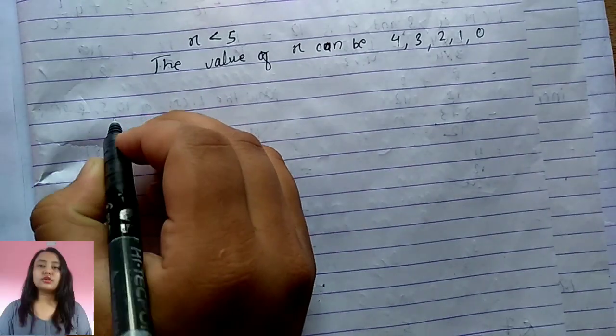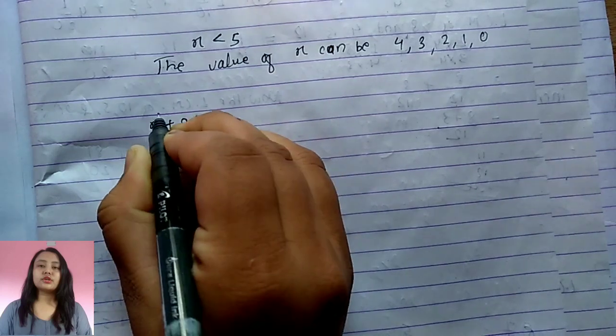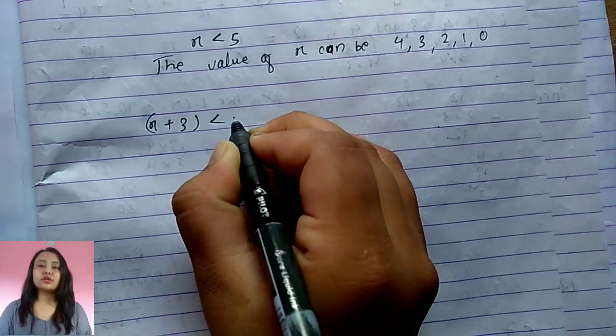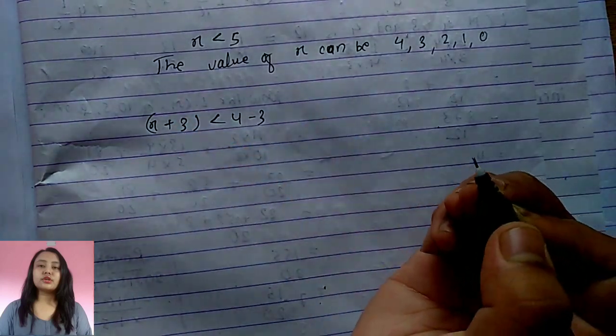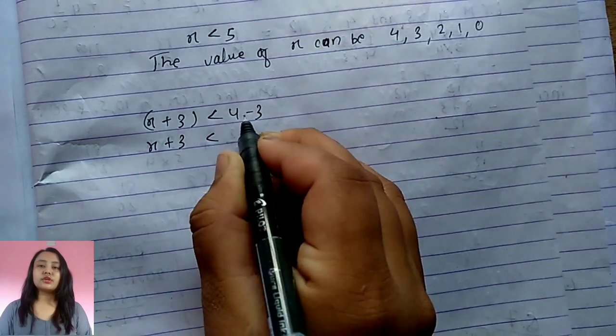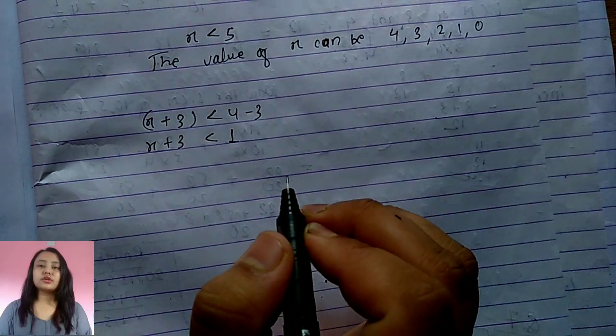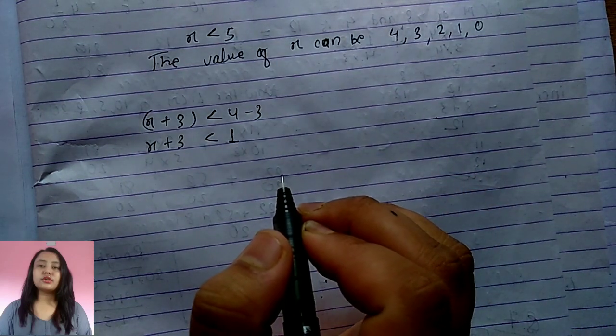Okay, so here the question is x plus 3 in bracket less than 4 minus 3. Okay, let's do this. x plus 3 is there, less than 4 minus 3 is equal to 1. And what is the value of x now? What may be the value of x?